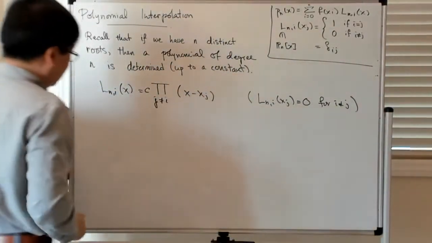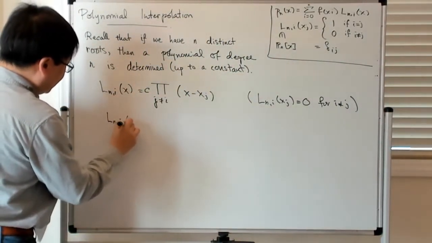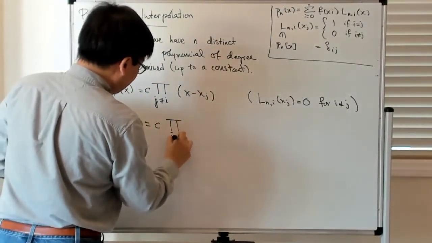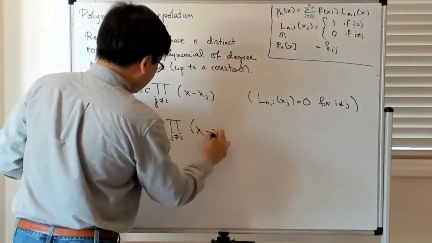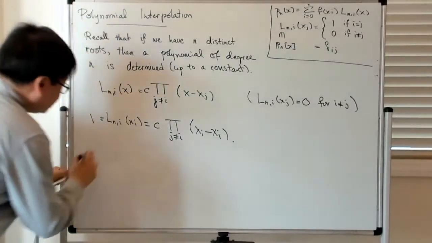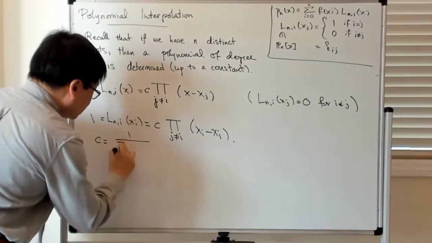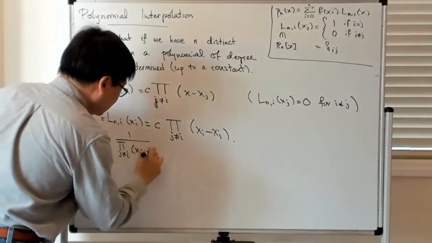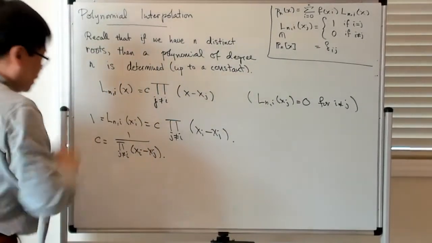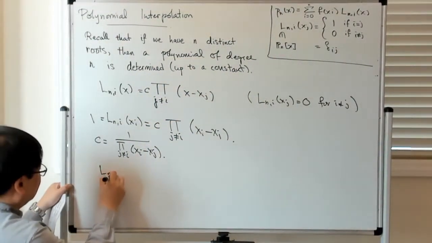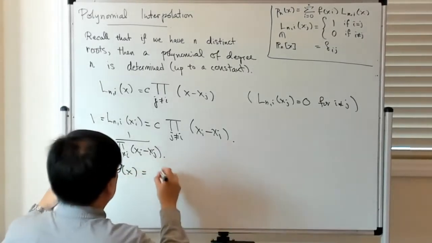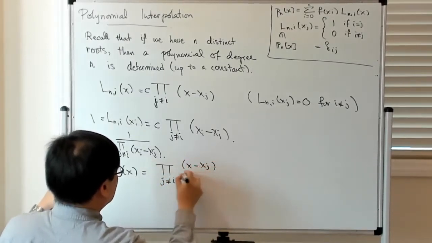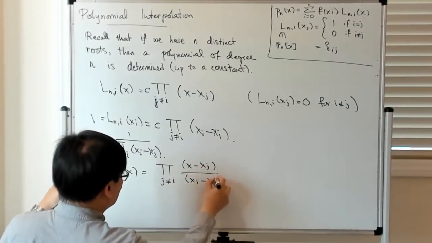You also know that L_ni of x_i is equal to 1, which is equal to c times the product over j not equal to i of x_i minus x_j. That tells you that c is equal to 1 over the product over j not equal to i of x_i minus x_j. Substituting back, L_ni of x is equal to the product over j not equal to i of x minus x_j divided by x_i minus x_j.